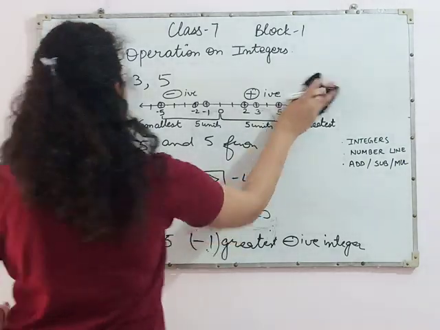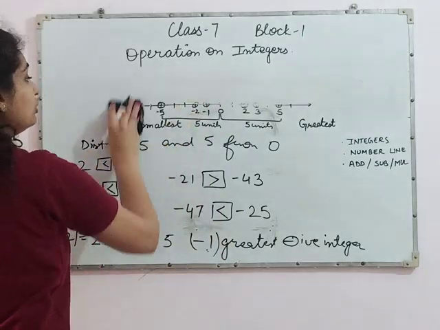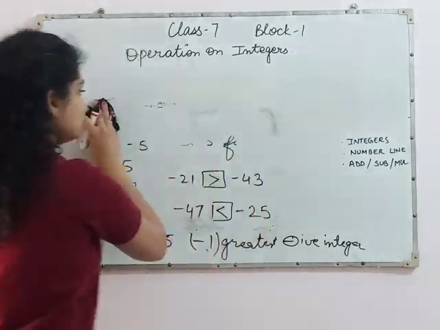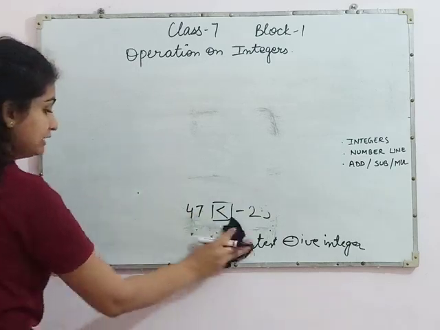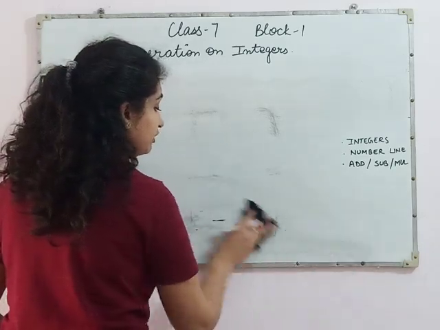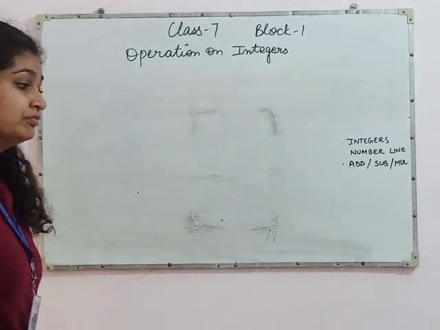Now we will talk about the operations on integers. Operations means we have 4 operations: addition, subtraction, multiplication and division. Right? We'll start with the additions.